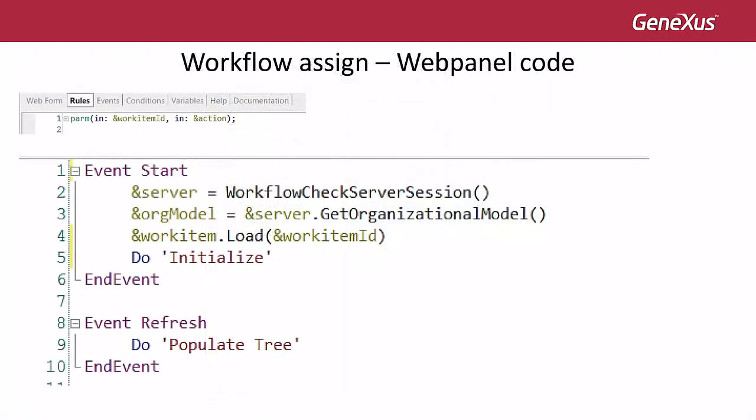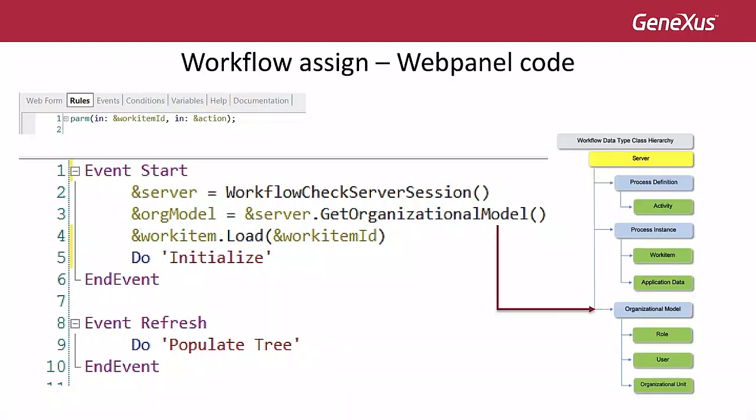If we see the code, we are going to see that it receives two parameters, work item ID and action. The event start will check the workflow session with the workflow check server session procedure, the same as other panels. Then it will get the organizational model from the workflow server that has been loaded, with the method getOrganizationalModel.